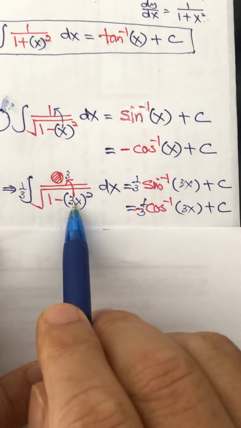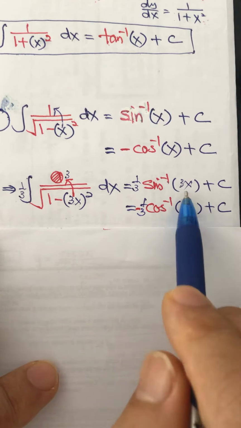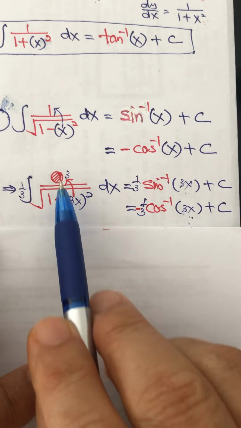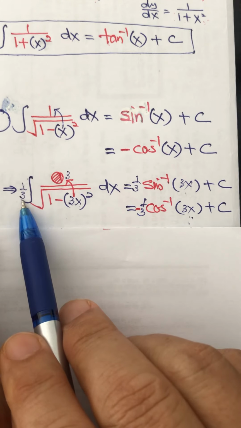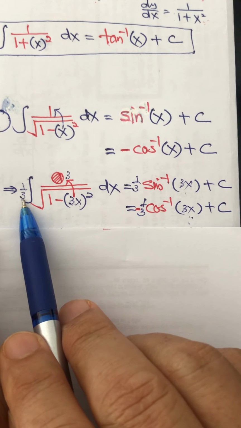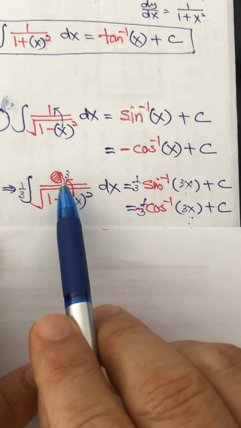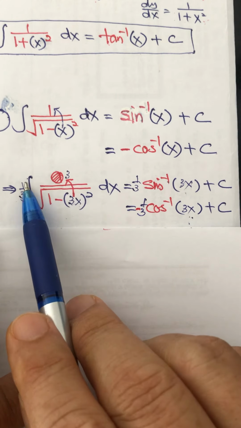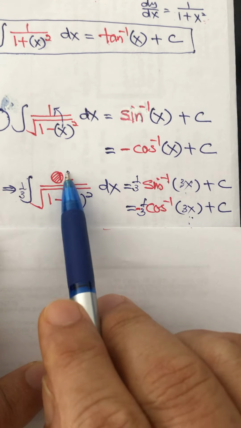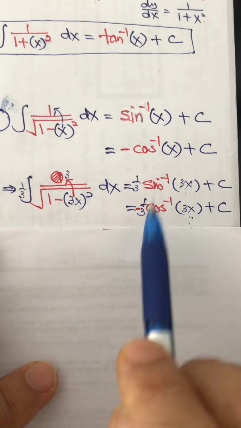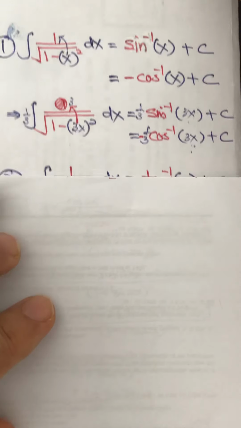The bracket still maintains the same, 3x. But because this is 3x, you must have a 3 here. That's why you must add a 1 over 3. So if this is 4x, then here you must have a 4, so you must have 1 over 4. It's the same. Then all the red things will change into arc sine or negative arc cos. So same thing here.